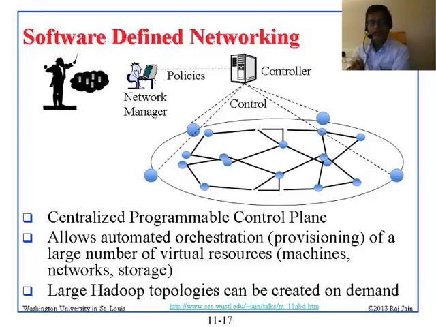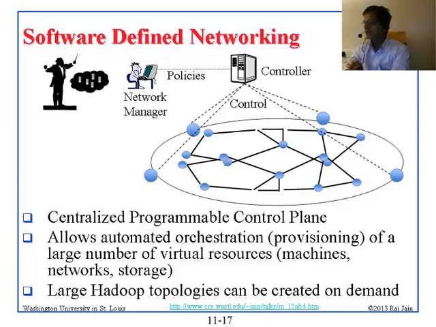As a result of having a programmable control plane, we can orchestrate. Orchestrate means you can change thousands of switches at the same time. I have shown here the picture of an orchestra director. When the director moves the stick, everybody's tune changes right away, right?